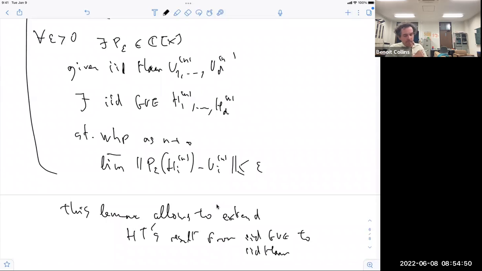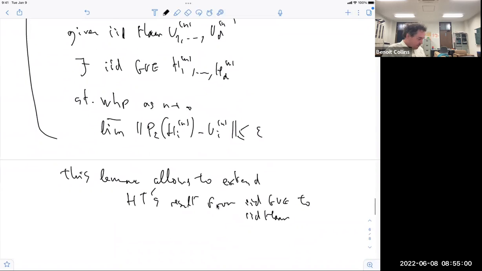So it brings very little in comparison to the original idea of Haagerup and Thorbjørnsen. So the idea of proof was as follows.